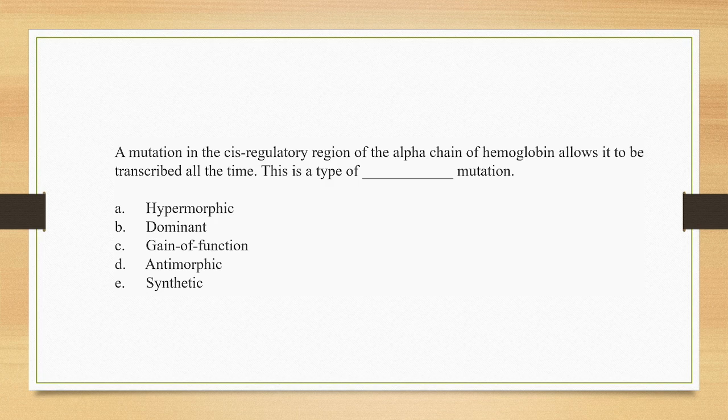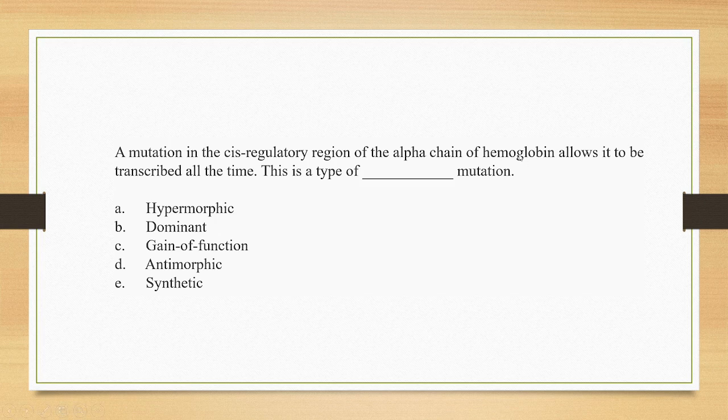Okay. So the next question is, a mutation in the cis regulatory region of the alpha chain of hemoglobin allows it to be transcribed all the time. This is a type of dash mutation. Which kind of mutation is it?